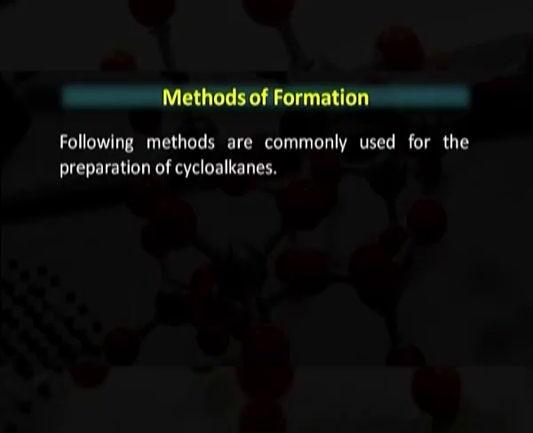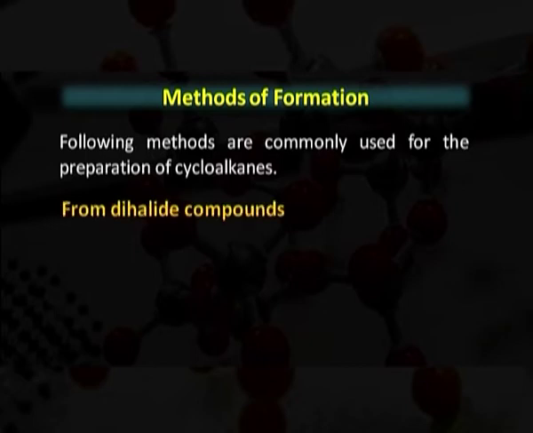Now, we will discuss the methods of formation of cycloalkanes. The following methods are commonly used for the preparation of cycloalkanes. First, we will prepare the cycloalkane from dihalide compounds.